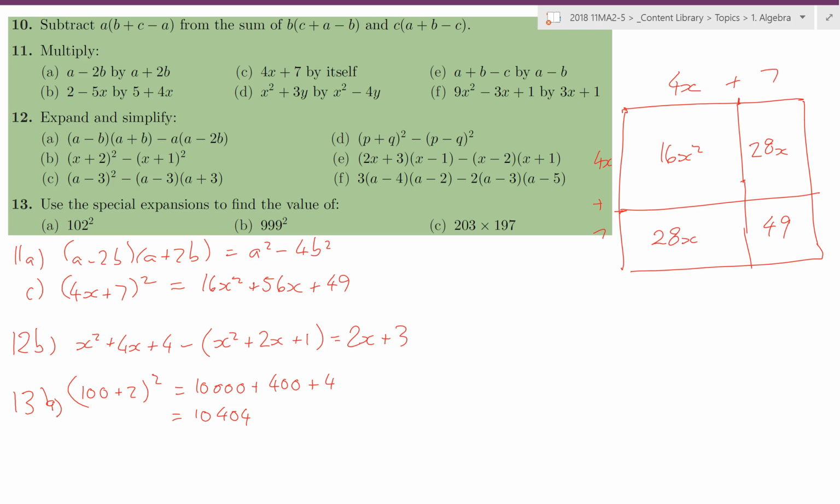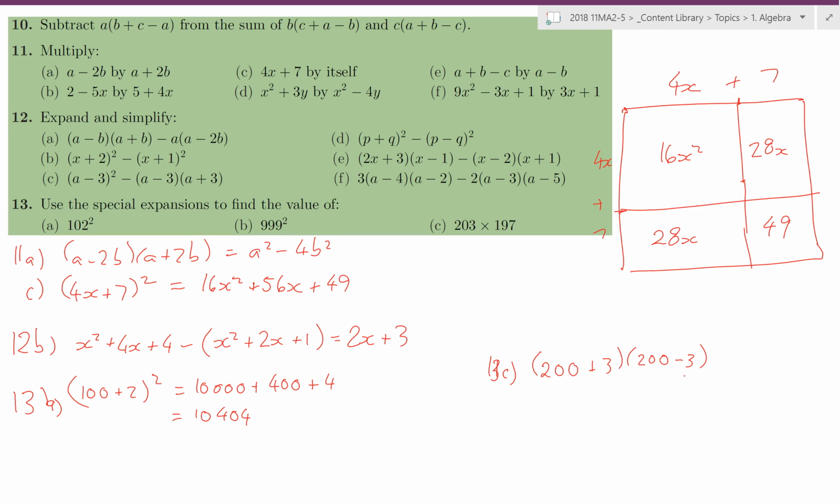And this one over here, well, it's not a square, but nonetheless, let's just look at 13C, and that'll wrap this video up, I reckon. So I have 200 plus 3 outside of 200 minus 3. What does this look like? This is a plus b, a minus b.